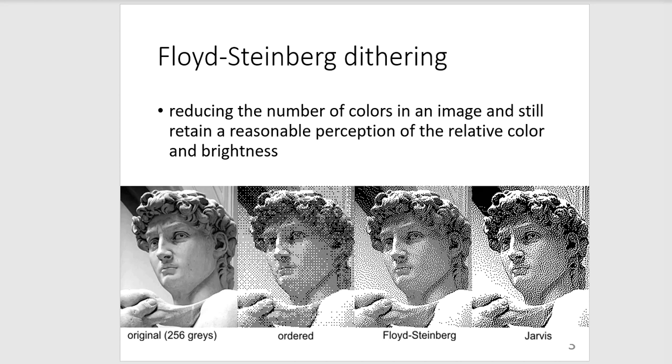For example, here you can see the picture of the David statue, the original on the left. It's a grayscale image, which means each pixel only has a value between 0 and 255. You need 8 bits for each pixel. And you can see the effect of different dithering filters on the picture, for example ordered dithering, Floyd-Steinberg dithering, and Jarvis dithering.